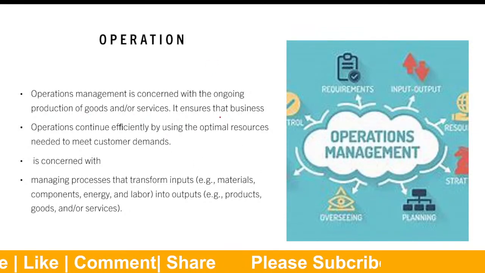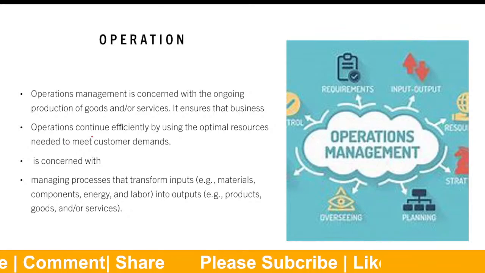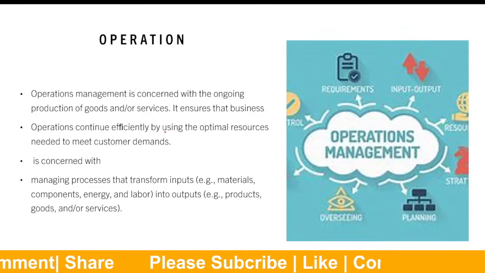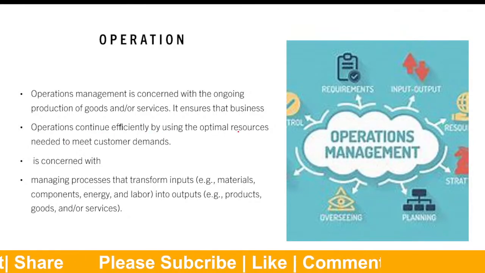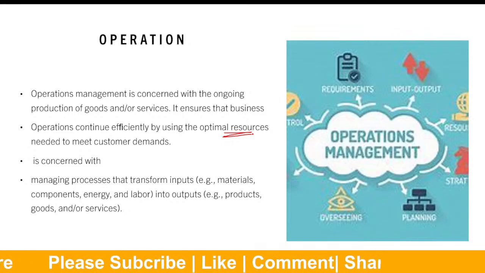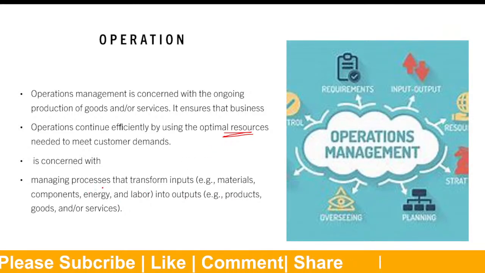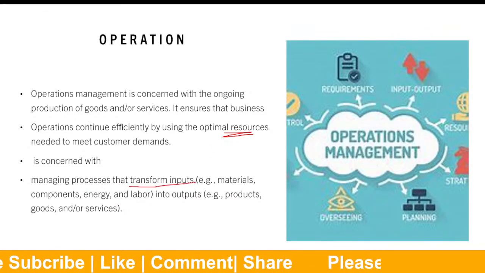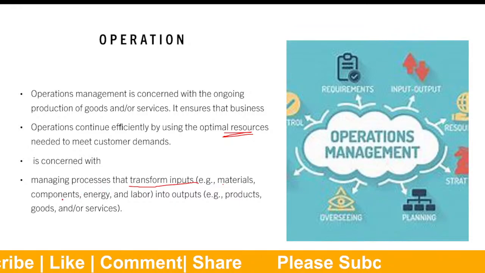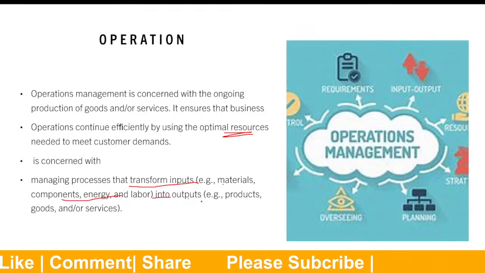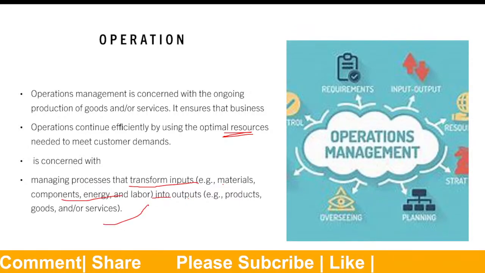Then operations management is concerned with the ongoing production of goods and services. It ensures that business operations continue efficiently by using optimal resources. Managing processes that transform inputs, materials, components, energy, and labor are types of operation.